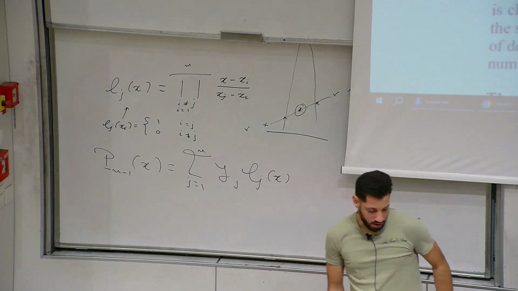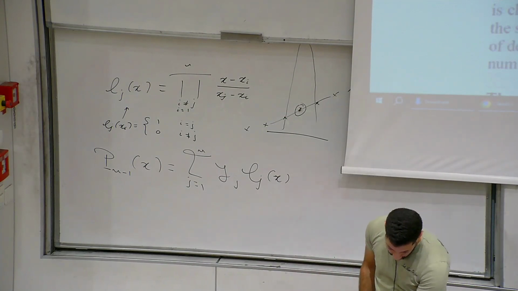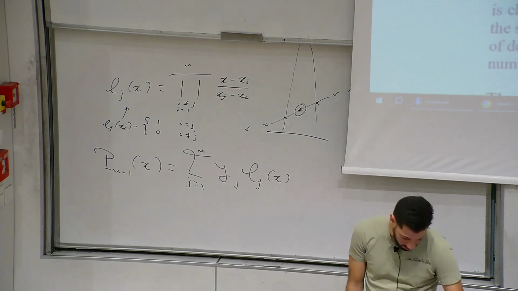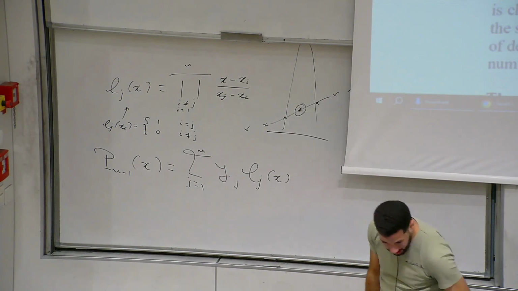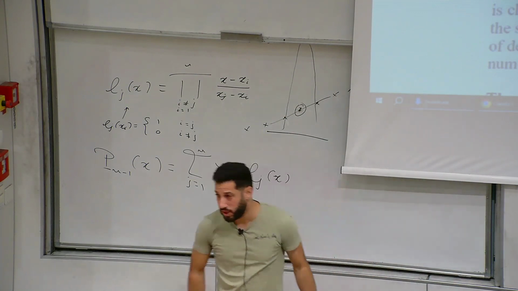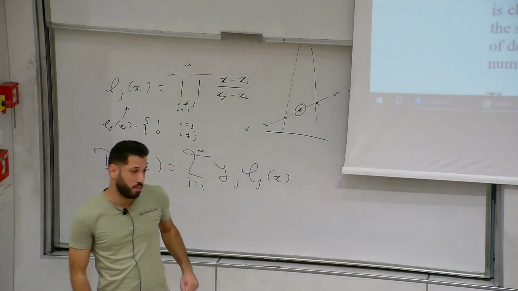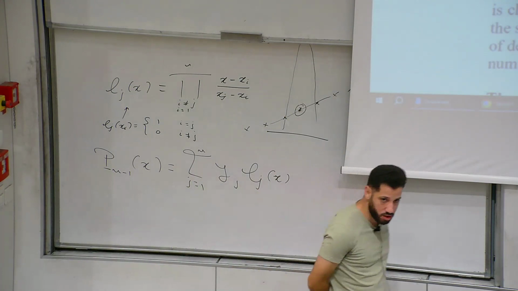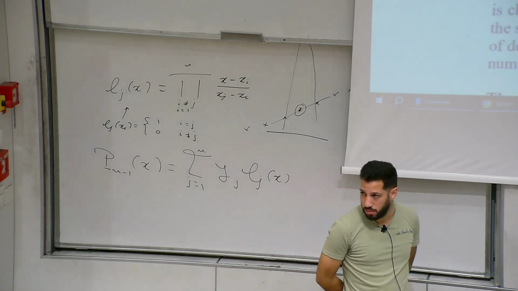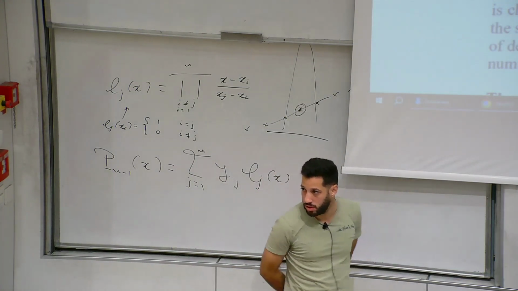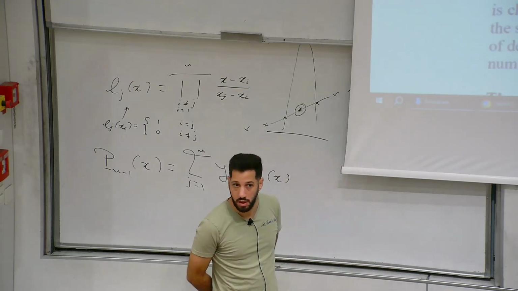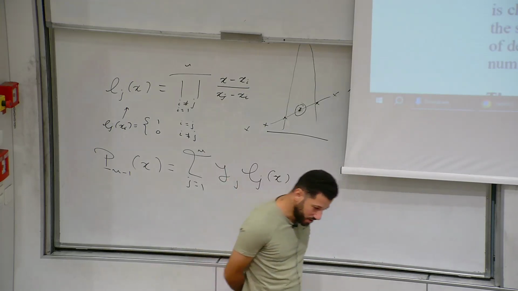So now we'll talk about another way of interpolating, a better way. It's the spline interpolation, and here we'll talk about cubic spline interpolation. Renan talked about cubic also? Okay.